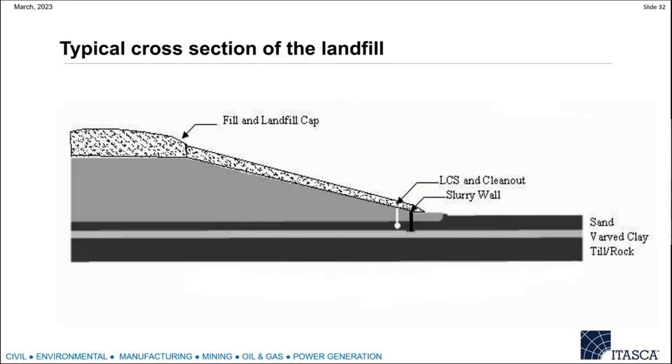Okay, this is a typical cross section of the landfill, and we have fill and a landfill cap, and here we have a slurry wall, and we have some layers called Bay clay. That's the critical material in this cross section.